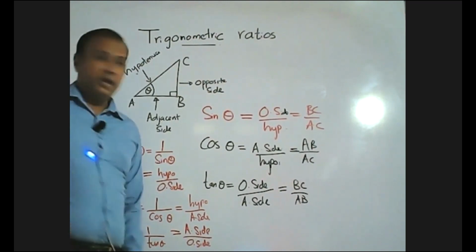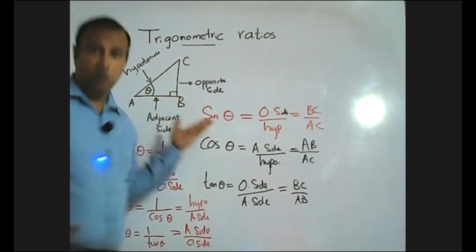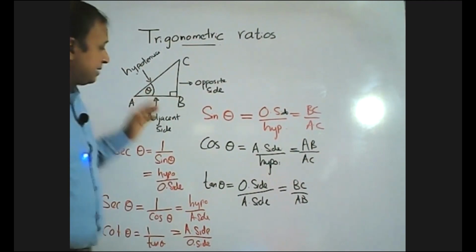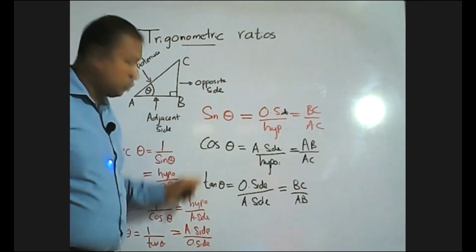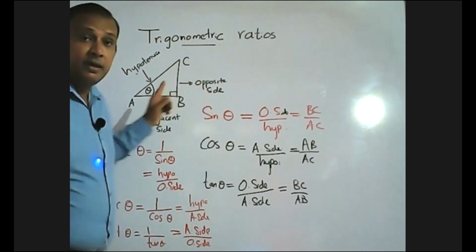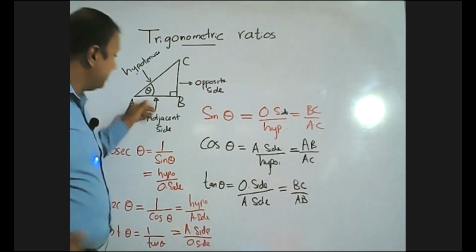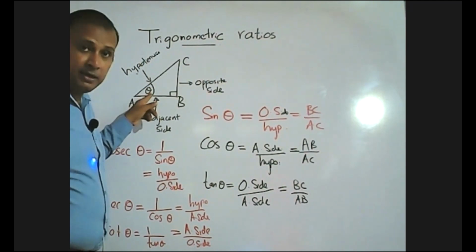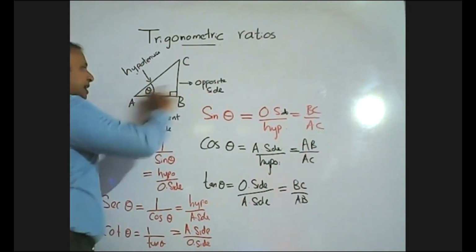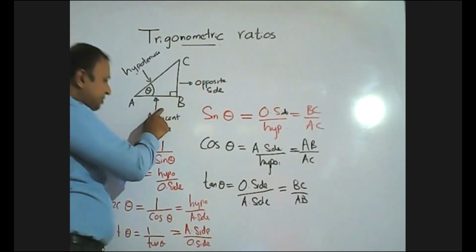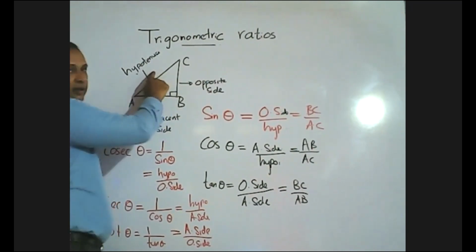We have discussed trigonometric ratios, which you have done in your earlier levels. If I consider a right angle triangle, this is my angle. With respect to this angle, this is the opposite side, this is the adjacent side, and this is the hypotenuse.